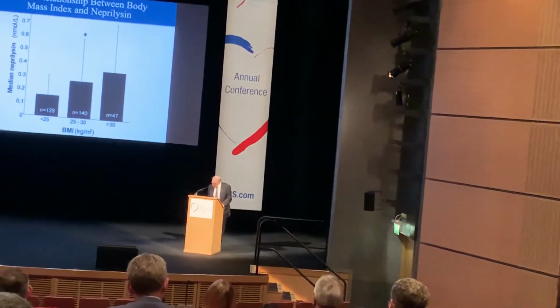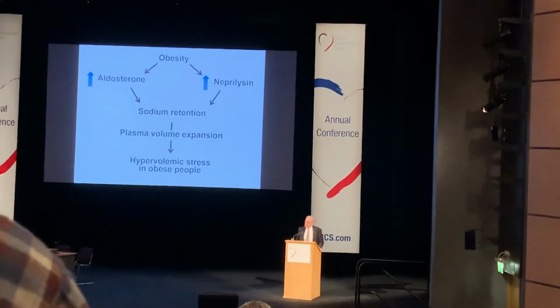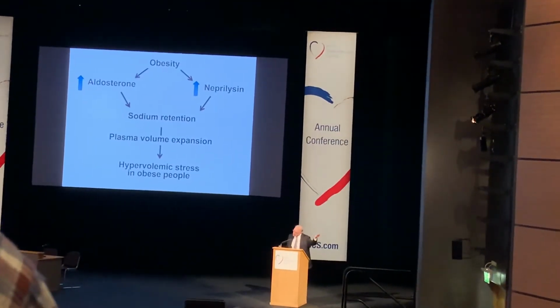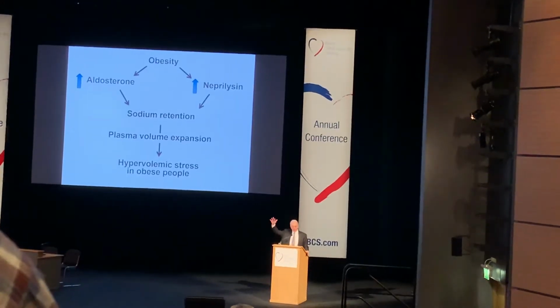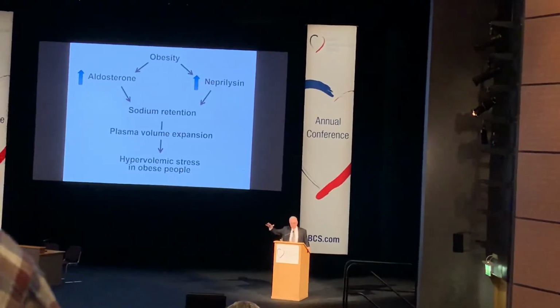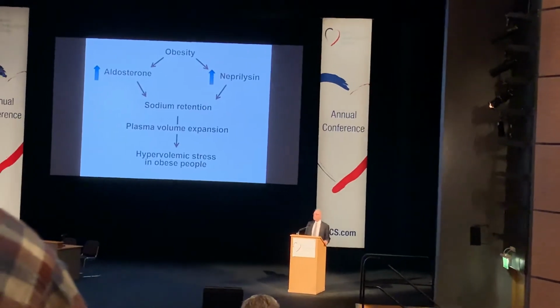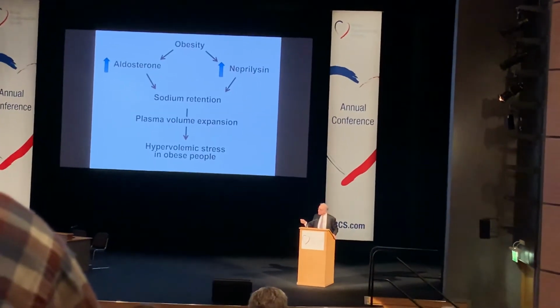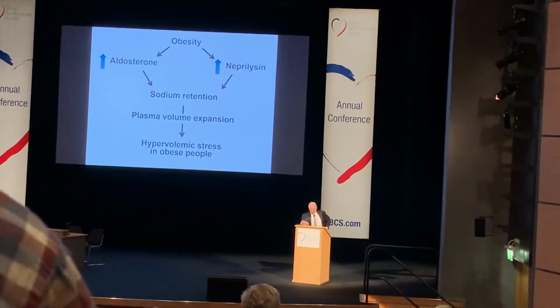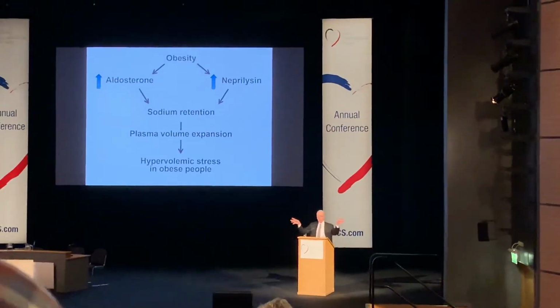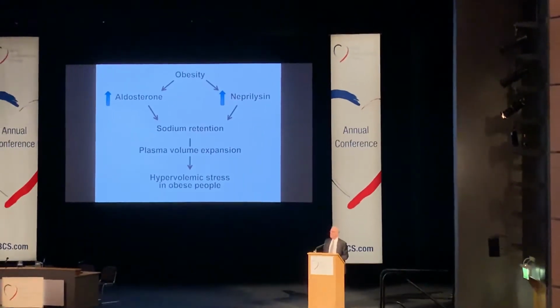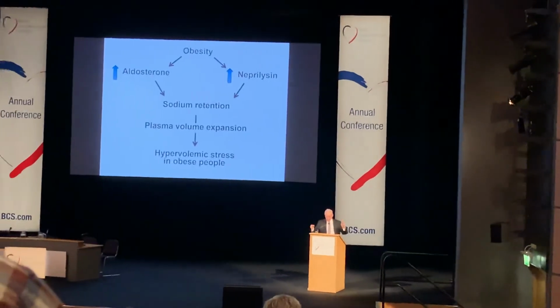So these are important because, of course, if you have more aldosterone and you have more neprilysin, which means you have less natriuretic peptides, they will conspire together to cause sodium retention, plasma volume expansion, and cause hypervolemic stress.